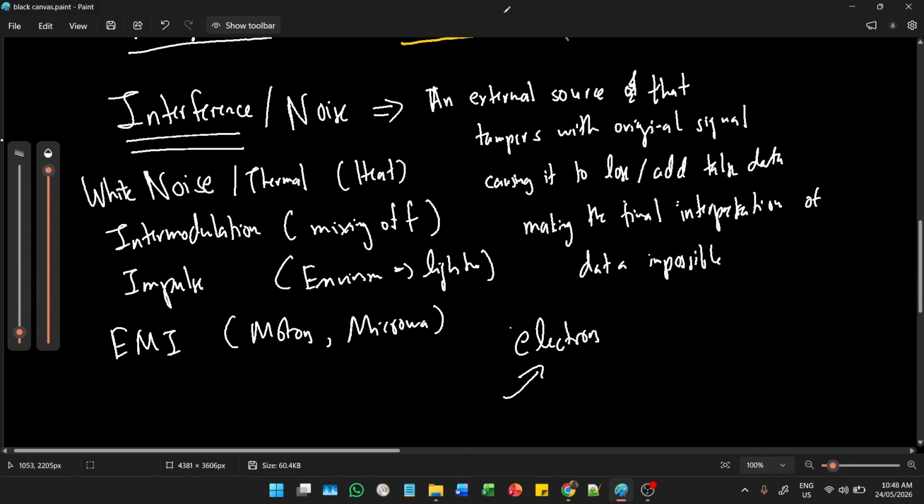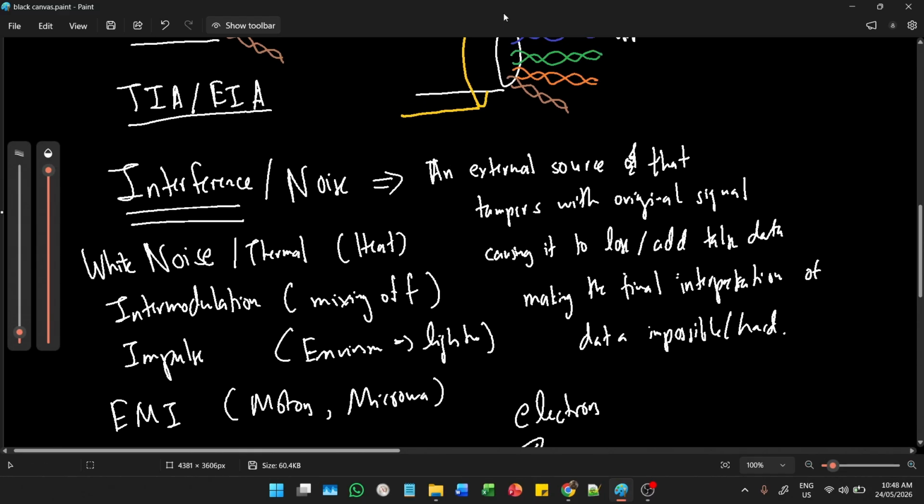Intermodulation, frequencies mixing up each other, lightning. EMI, or electromagnetic interference, can make electrons go wonky. Hence, it will make the final interpretation impossible or hard, right? So that is what is called noise. So we have learned interference right now.